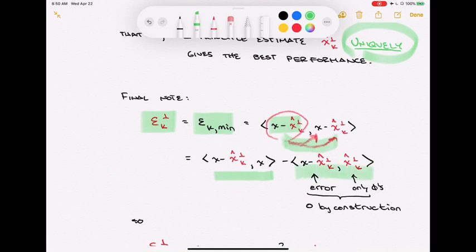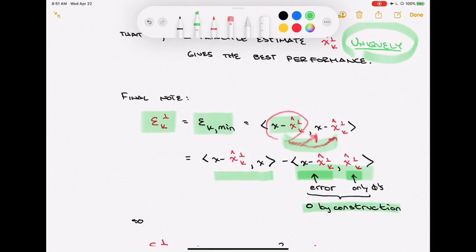So our minimum error is equal to the error inner product with x, minus the error inner product with our estimate, x hat perp, which we know is only made up of phis. And because we have an error inner product with something that's only phis, and the error here is for our orthogonality principle estimate, which says the error must be orthogonal, or at right angles, its inner product with the basis functions must be 0.